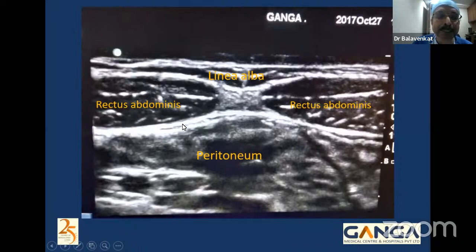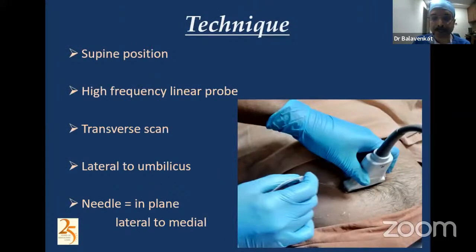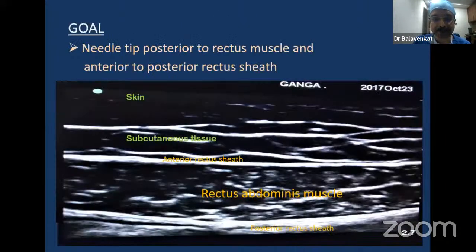So this is a very tough facial layer, normally difficult to penetrate, but I just wanted to give the message that when you do these blocks, though they are simple, you need to be extremely careful that you do not go and injure the peritoneum. So if you come in plane, this is how you deposit the drug.